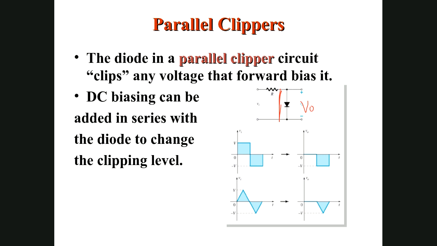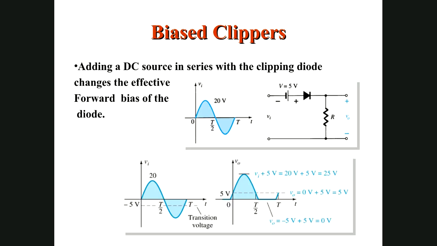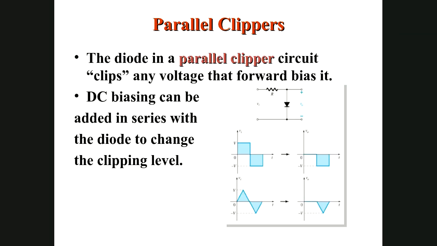Now you see there is a difference between this one and last example. In last example, your diode was here, so even if it was short, your output was different because your output was not at the same place. But in this circuit, your output is same as the voltage.